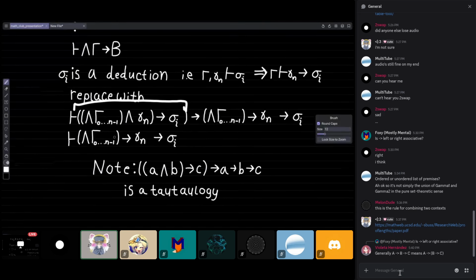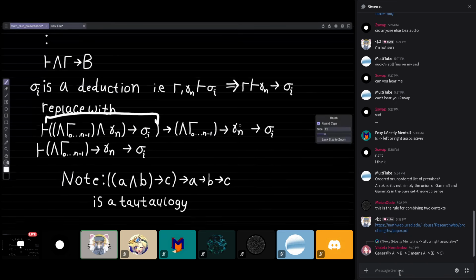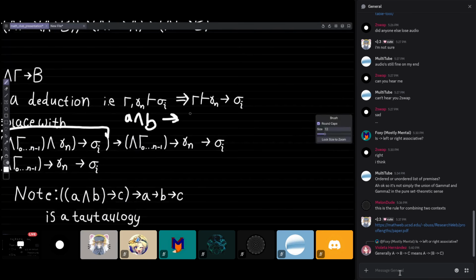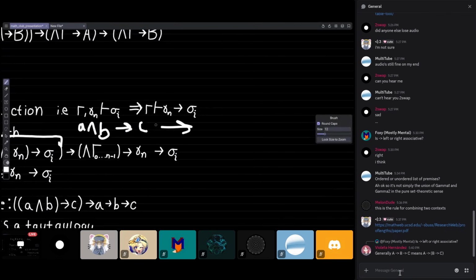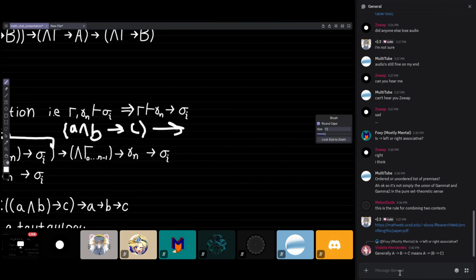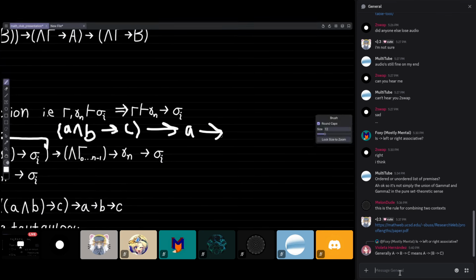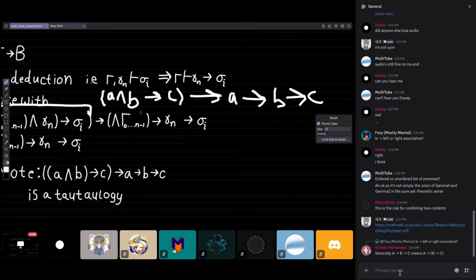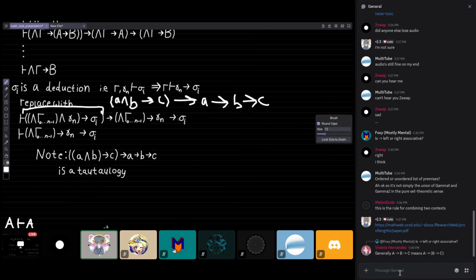And it turns out that this is just another instance of a tautology where A and B implies C. So this is just another tautology that you can use.